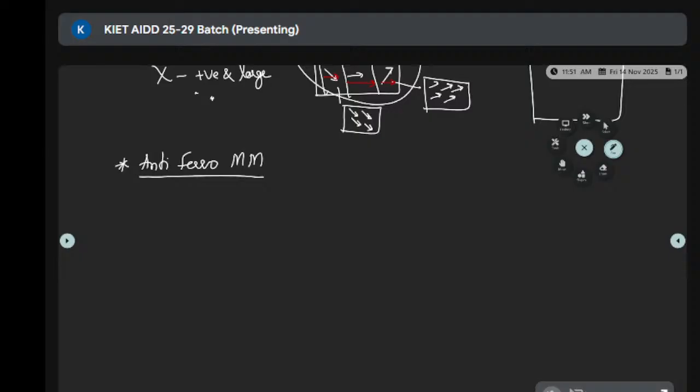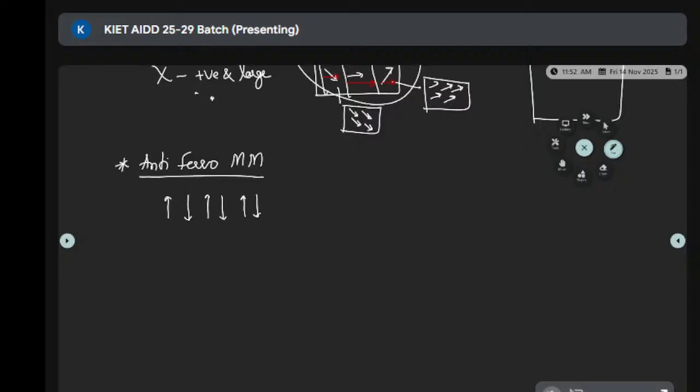We compare this with respect to the previous one. Previous one is what? Dipole orientation. In this case, parallel, anti-parallel. Where do we see this? In anti-ferromagnetic materials.